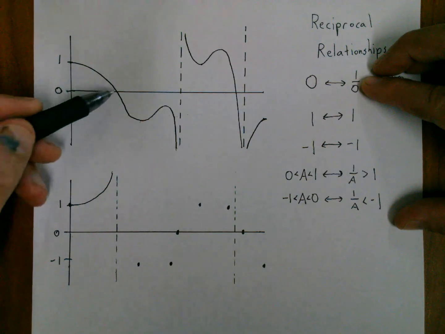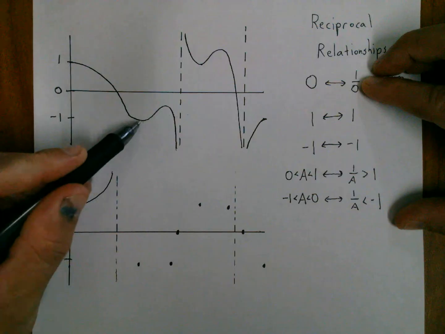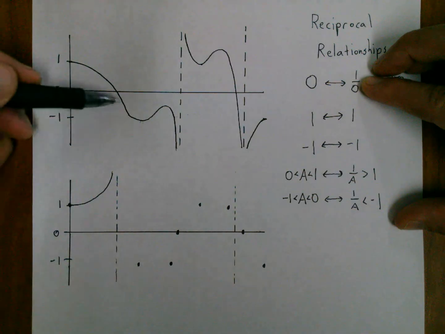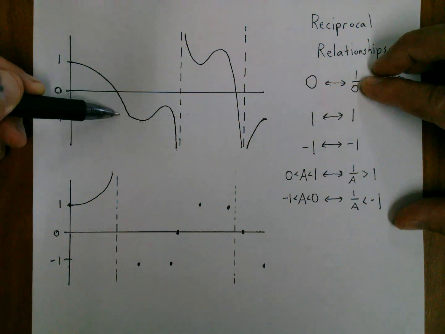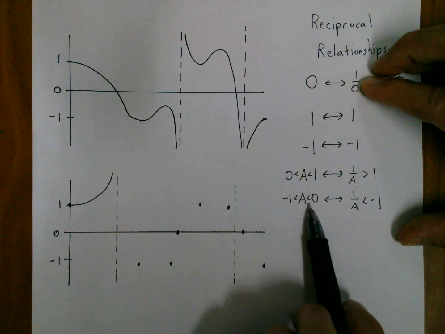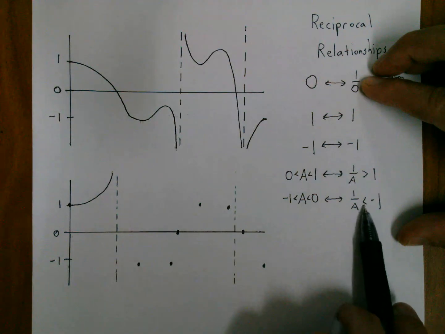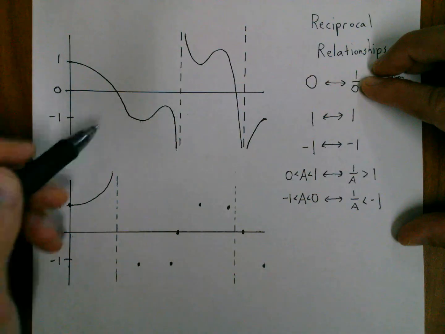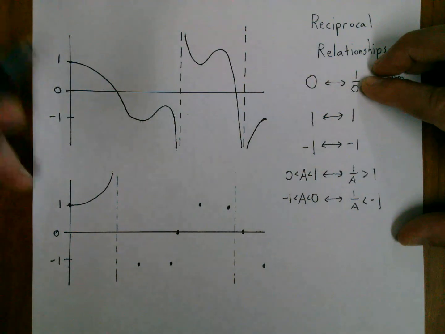Well, from this 0 to this -1, which is this asymptote to this -1, I'm in the zone that's between 0 and -1. And in the zone between 0 and -1, the reciprocal is numbers that are less than 1, or another way of thinking about it, more negative than -1.